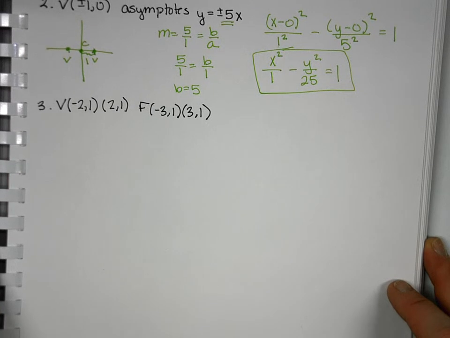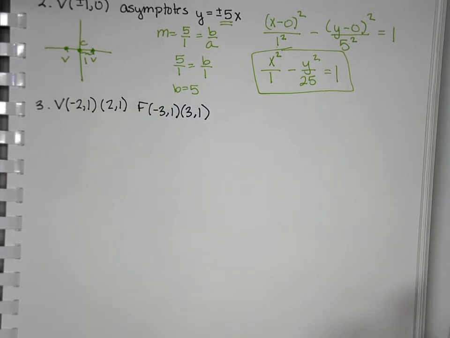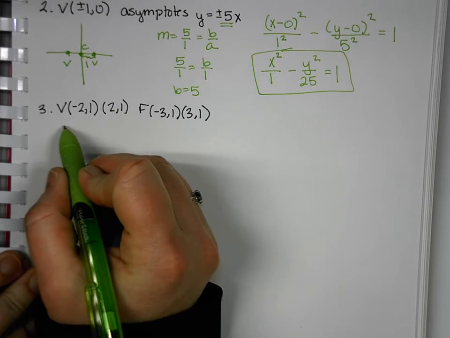So right away, what's different about this one compared to number 1 is that I'm not centered at 0, 0. So this one is going to be not centered at 0, 0.